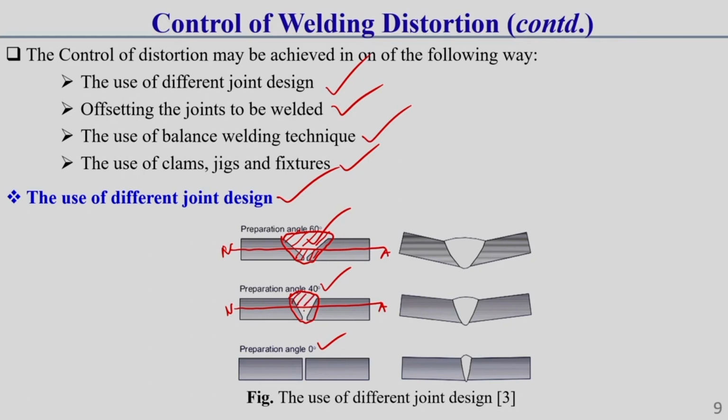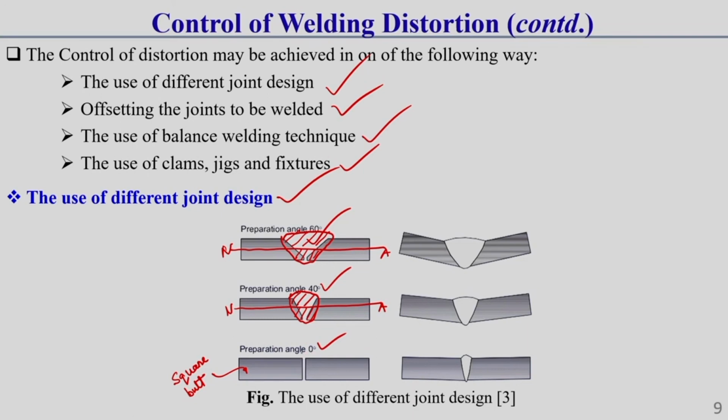But if the angle is 0, this has a specific name, it is called a square butt joint. In a square butt joint welding, you can get a weld bead which is more or less uniform through the thickness.